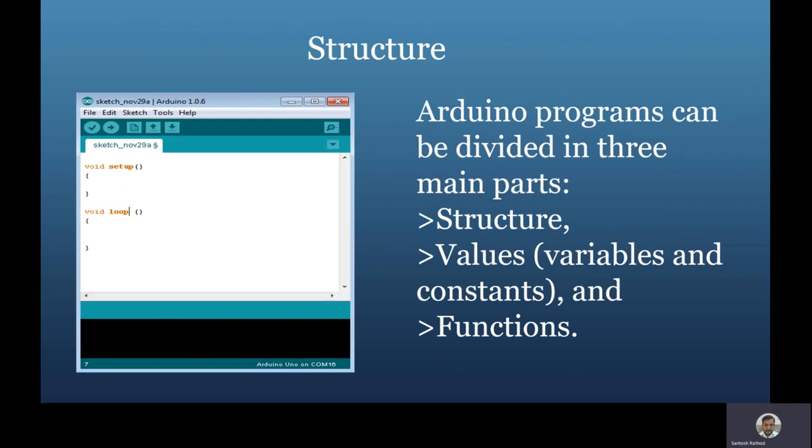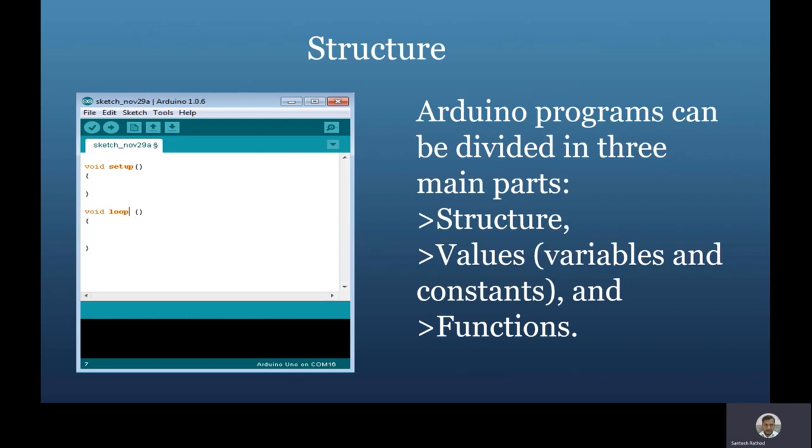The next main function is the loop. After creating a setup function which initializes and sets the initial values, the loop function does precisely what its name suggests, and it loops consecutively.